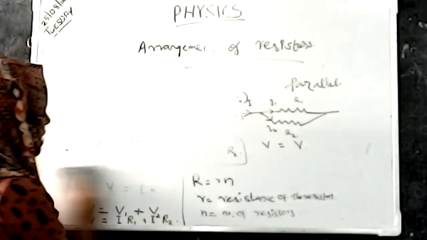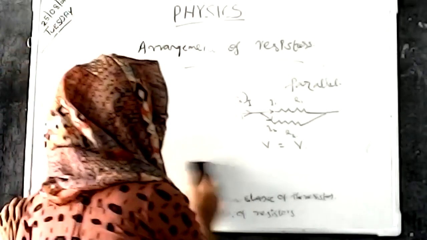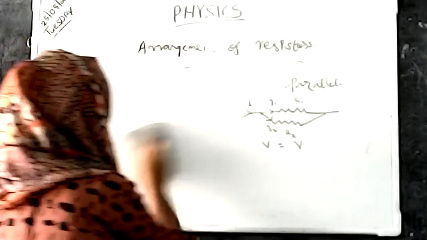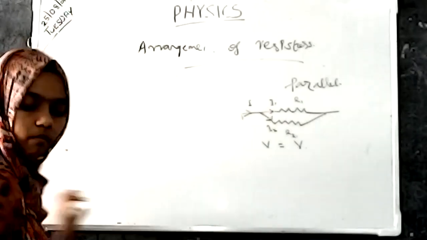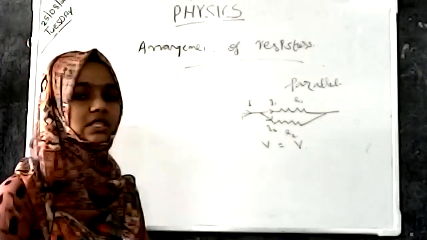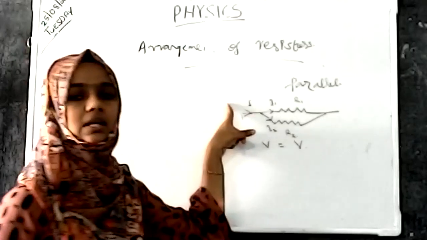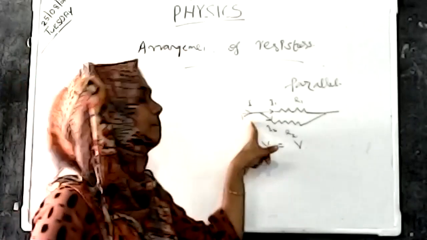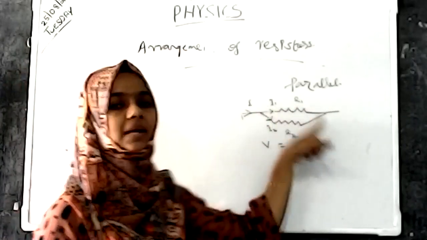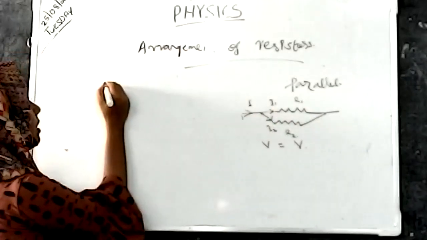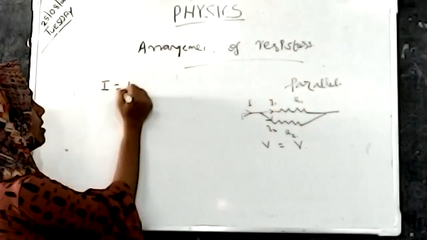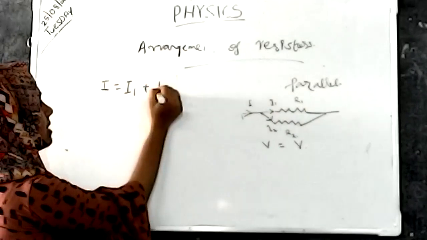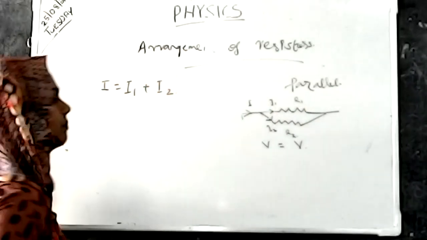Next we want to find the effective resistance of a parallel connection. In the parallel connection, the current is split and I is equal to I1 plus I2. The total current I is equal to I1 plus I2.